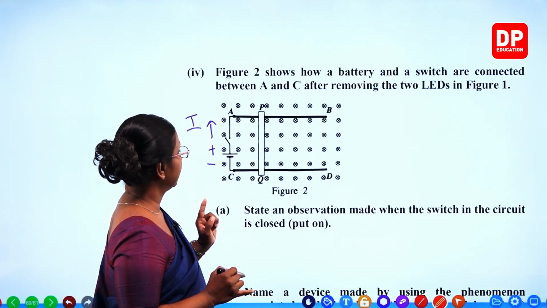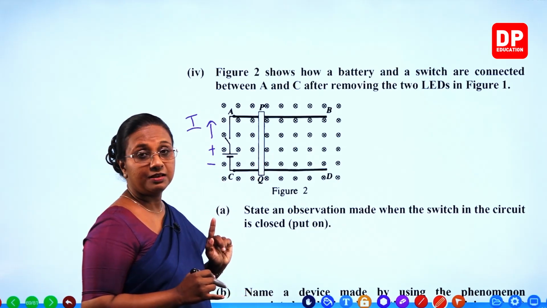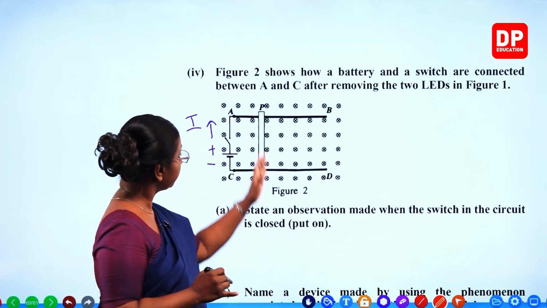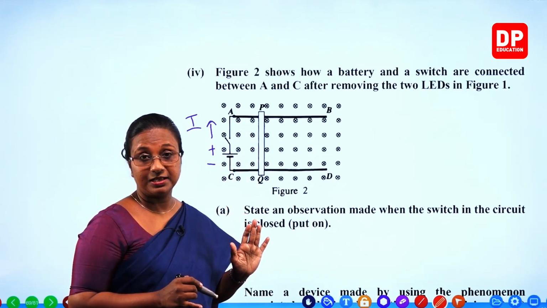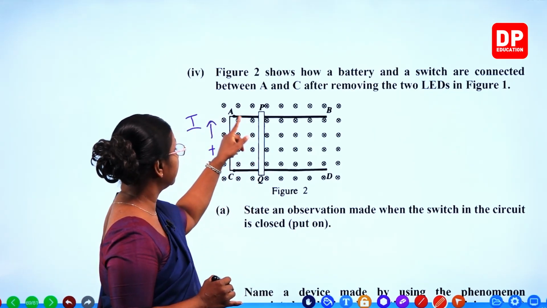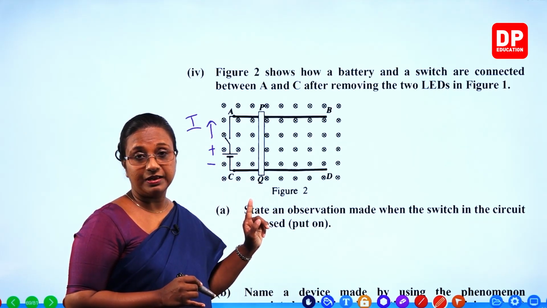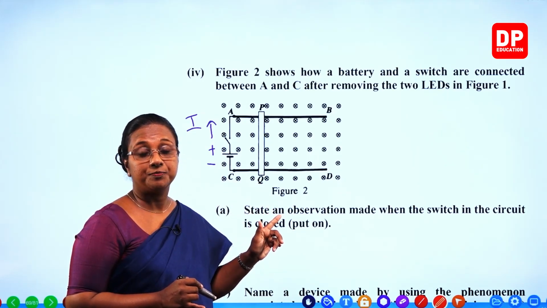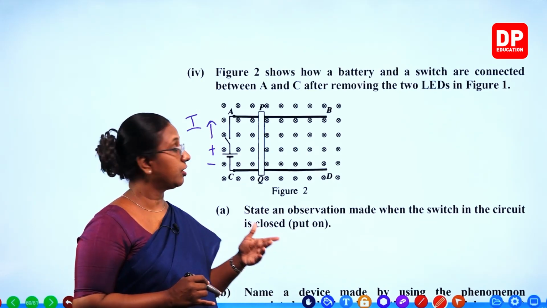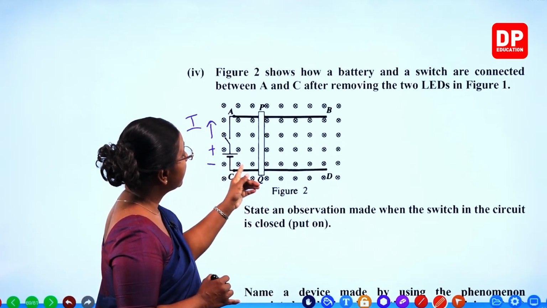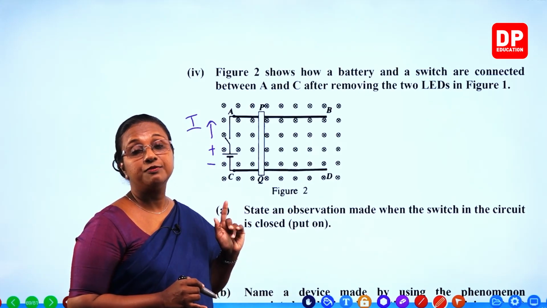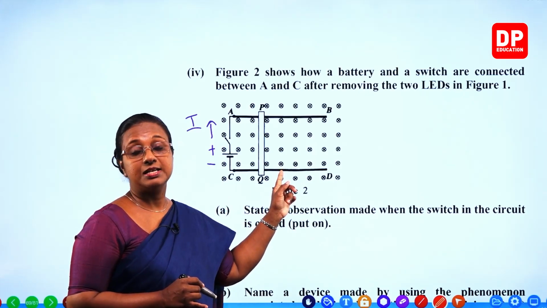Then what happens here? There is the magnetic field that is already there. A conductor placed in a magnetic field and the current flows through it perpendicular to the magnetic field. Then what will happen? It will be the magnetic effect of current where there will be a motion. A force will act on the conductor.